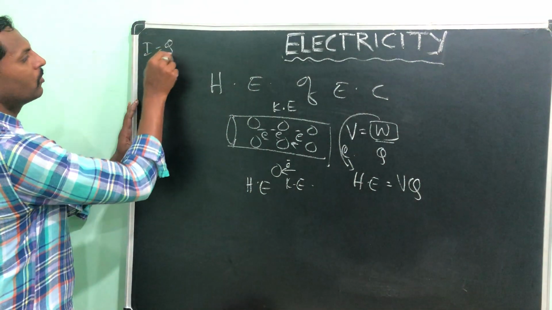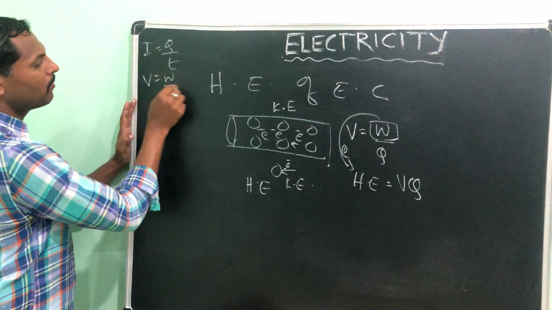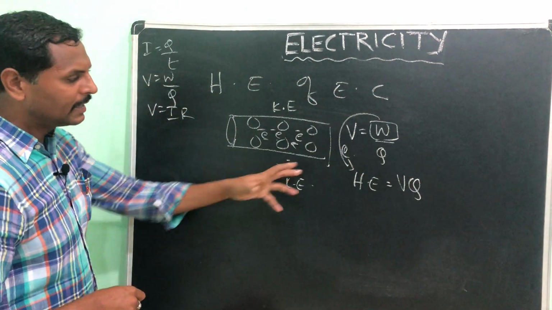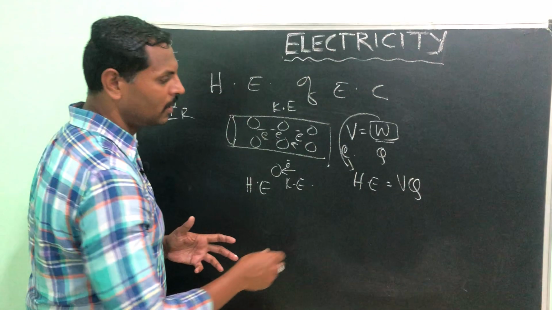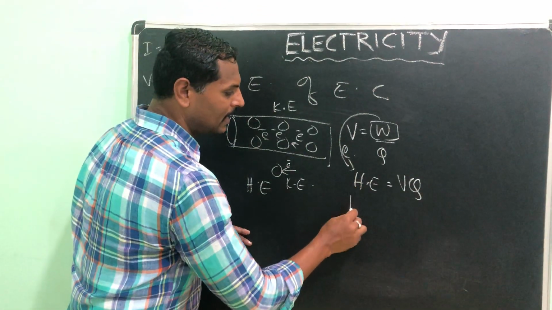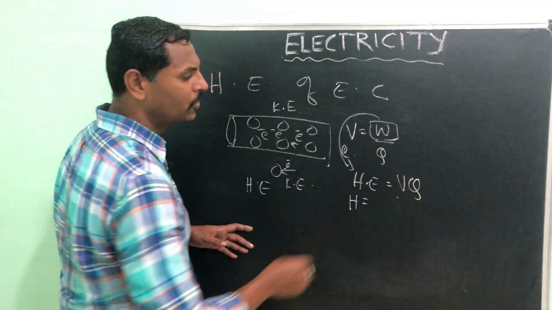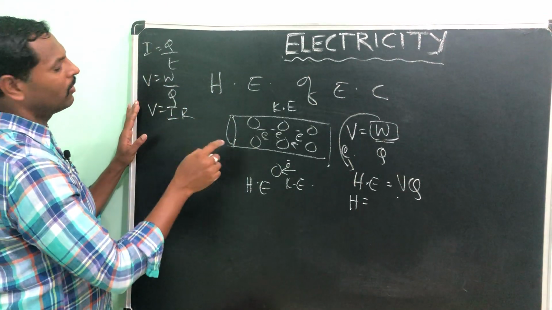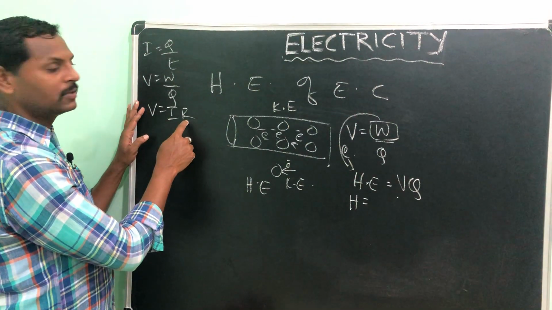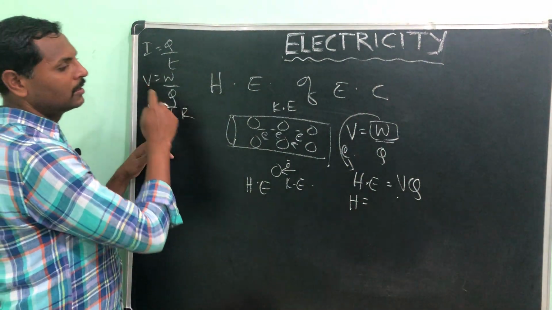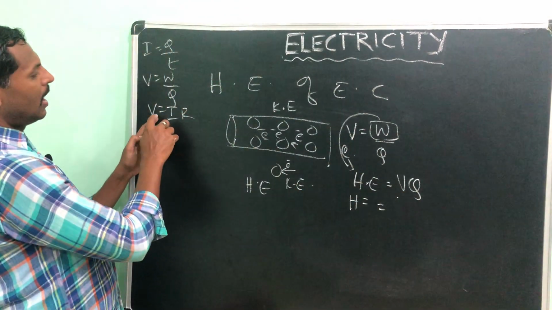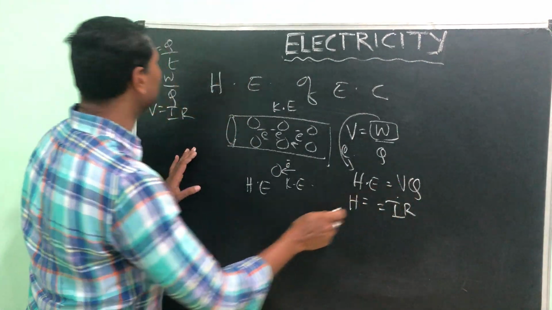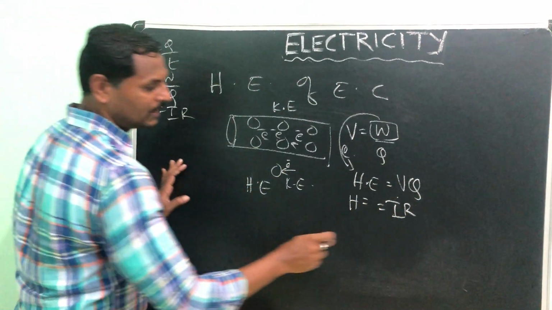I is equal to Q by T, V is equal to W by Q, V is equal to IR. These three you just remember. That is enough. You will get one more formula here. Heat energy H is equal to V into Q. So, V into Q, or what you can take, V is equal to IR. I will write here V is equal to IR. Okay. Instead of Q you can take I into T.